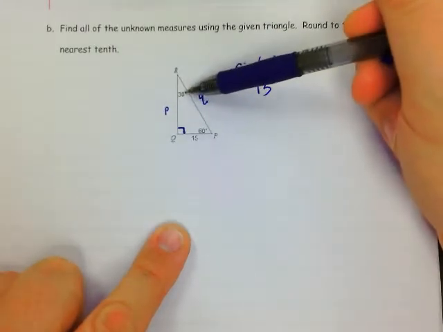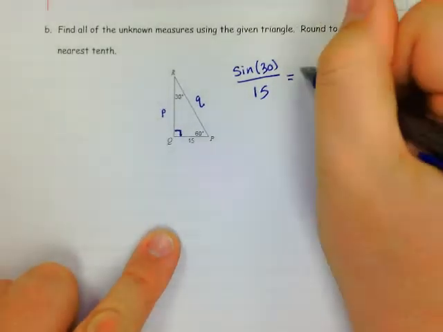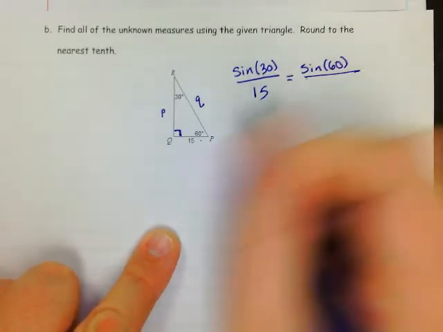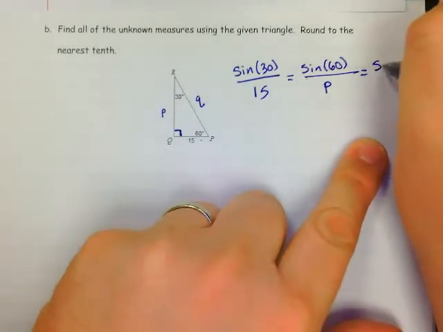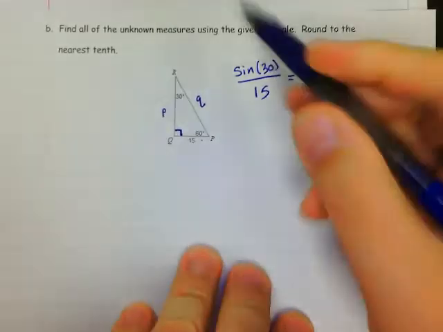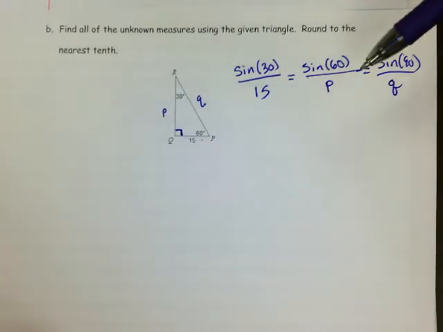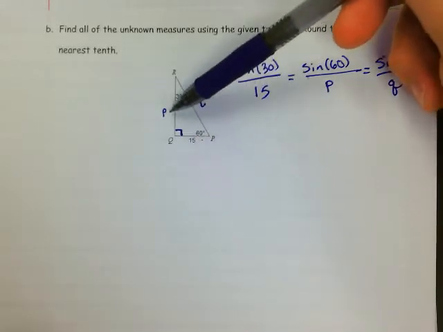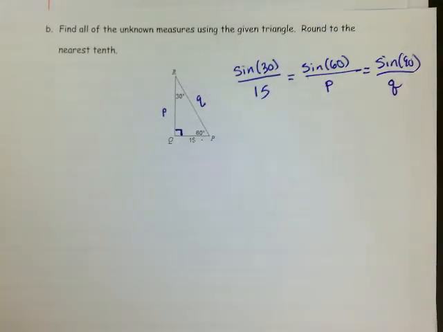Angle sine of 30, opposite side 15, equals the sine of 60, angle over its opposite side, P, equals the sine of 90 over Q. Now we know it's a 30, 60, 90 triangle, and we know this one will be the short leg, so that means that our long leg is going to be 15 square roots of 3, and our hypotenuse is going to be 30. But let's just double check it using the law of sines here.